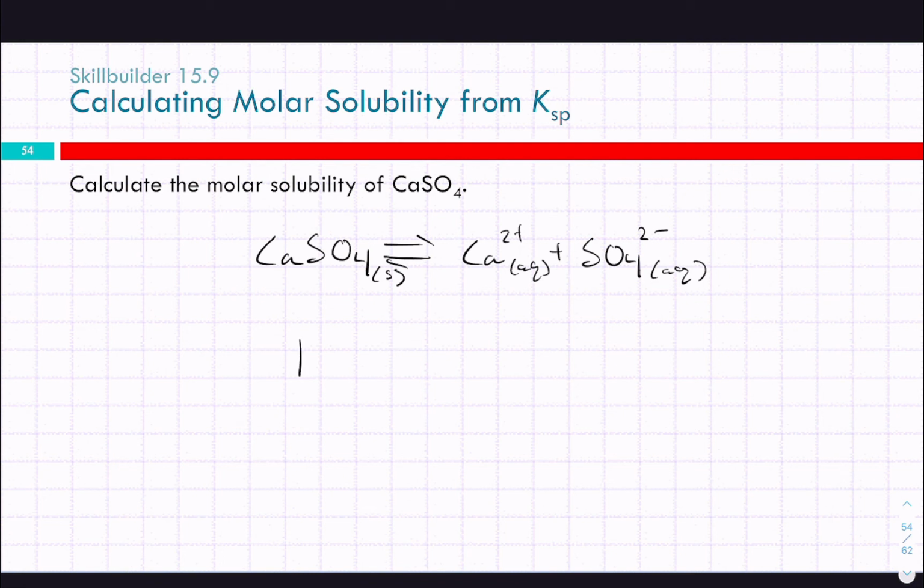So what's our KSP equation going to be? Yep. Concentration of Ca2+ times the concentration of SO4 2-.